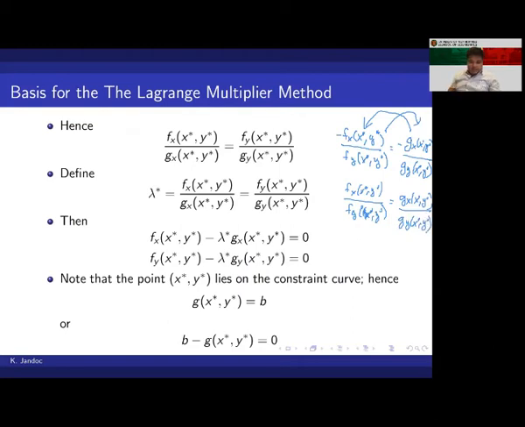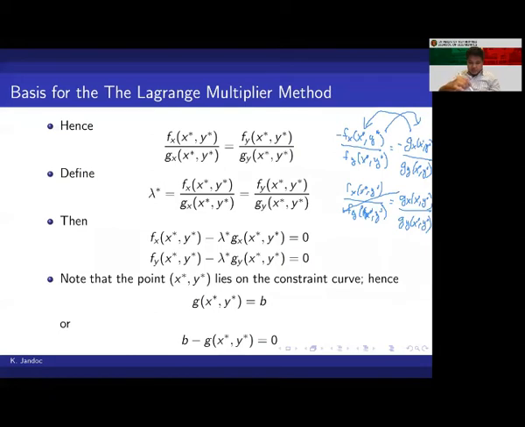And then if you move things around, move g_x here and g_y here, or f_y, the other way around, sorry about that.